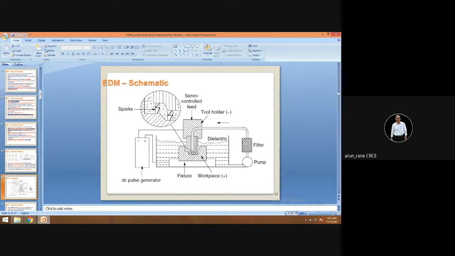When this swarf is removed, it is at high temperature. Temperatures in the range of 10,000 degrees Celsius are developed. So this temperature will do the cutting, and that is your secondary cutting.